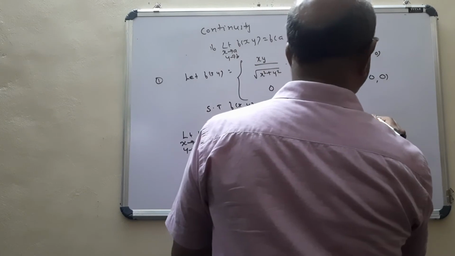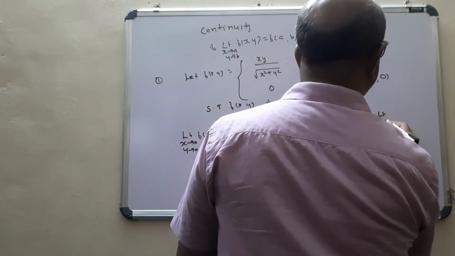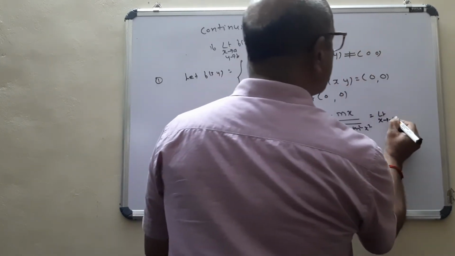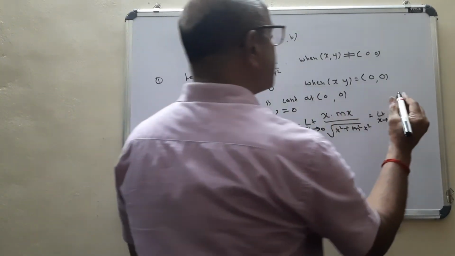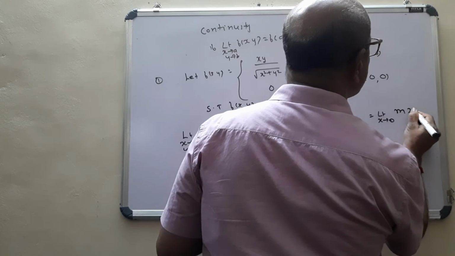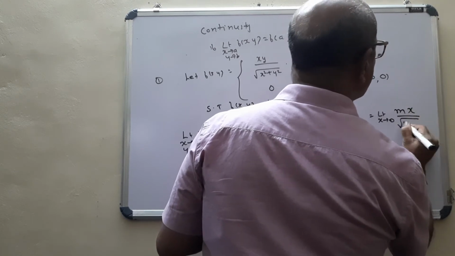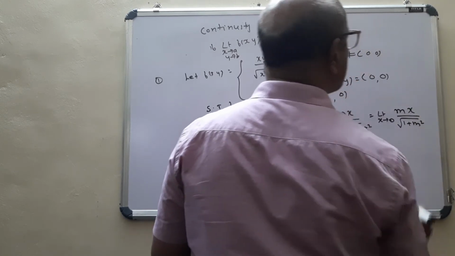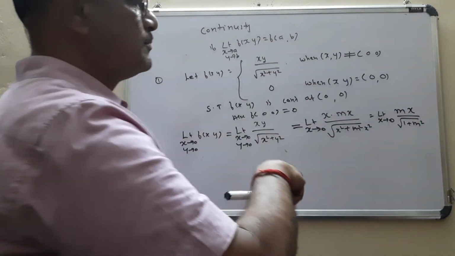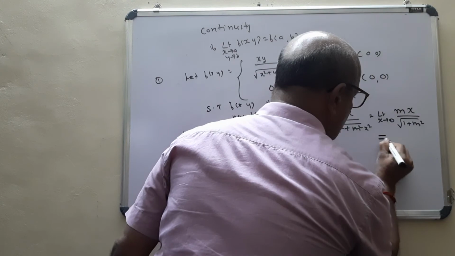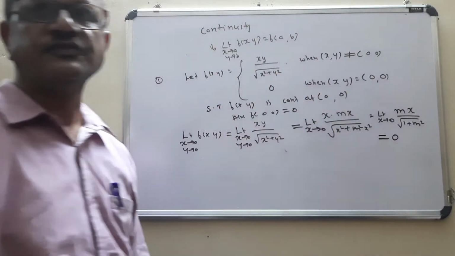When you simplify, I can take x square outside the square root, it becomes x, and one of the x gets cancelled. You will get m into x divided by the square root of 1 plus m square. Here m and the square root of 1 plus m square are definite numbers, and when you substitute x is equal to 0, this becomes 0.